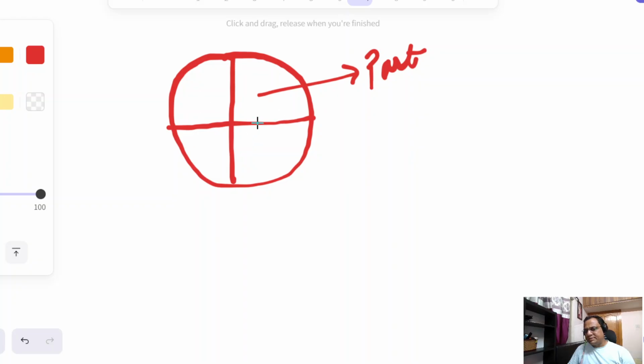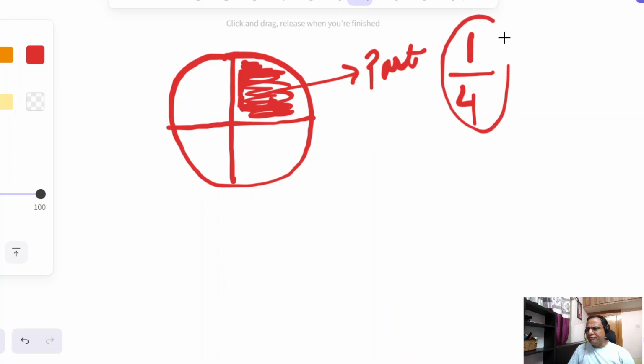So for example, if I shade this, what part of the whole does this represent? You've shaded one out of how many parts? Four. So the fraction becomes 1/4. So fraction means a part of the whole.